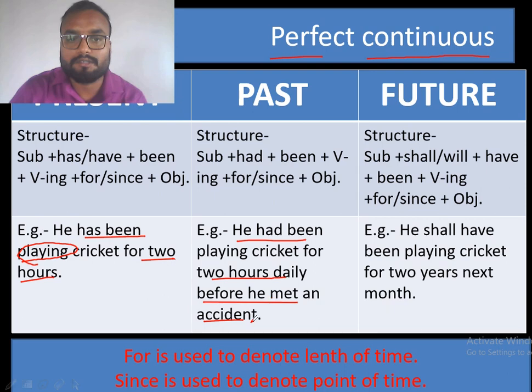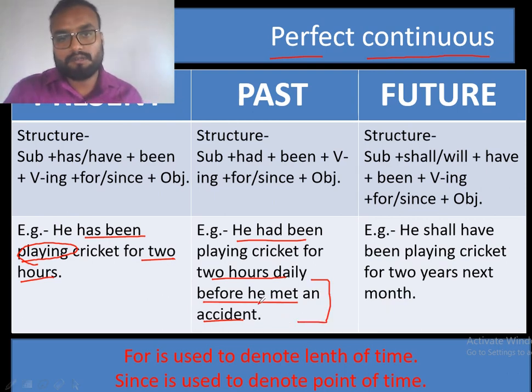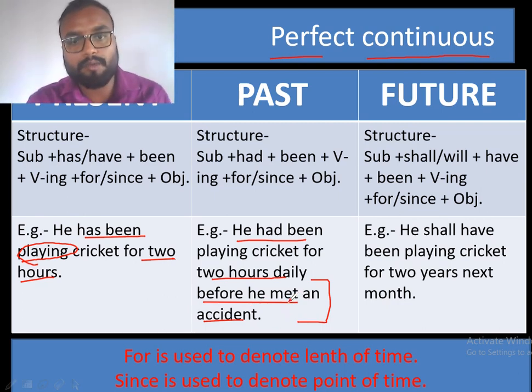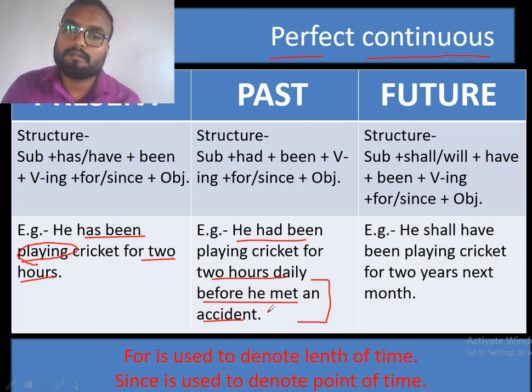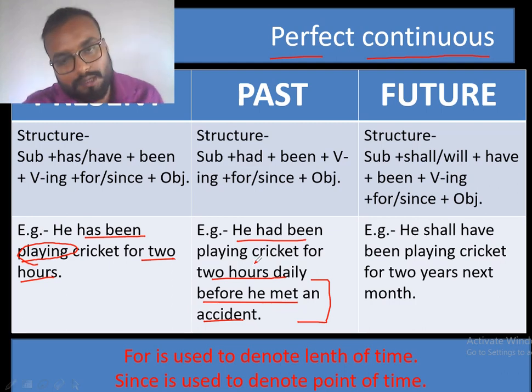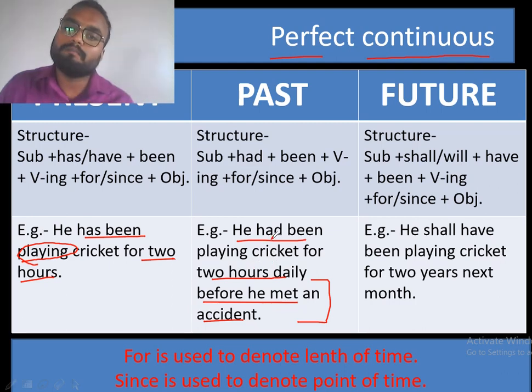So before he met an accident refers to a time of past that he used to play. He used to play till when? Before he met an accident. So the action started in past only and it came to an end in past only. So a time of past is referred to here.